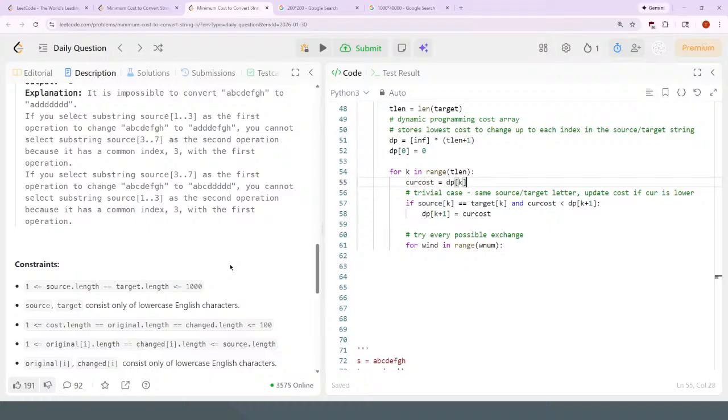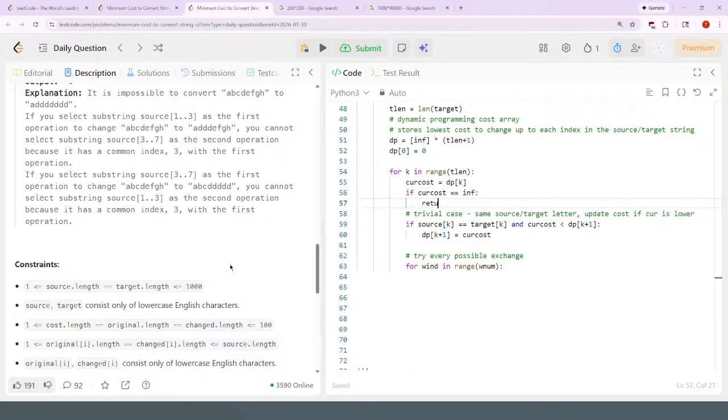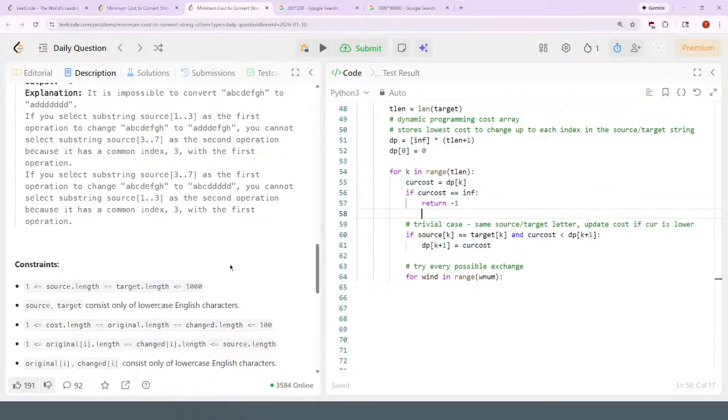Is that how I want to handle it? So for every word index, maybe this should be for every original index.